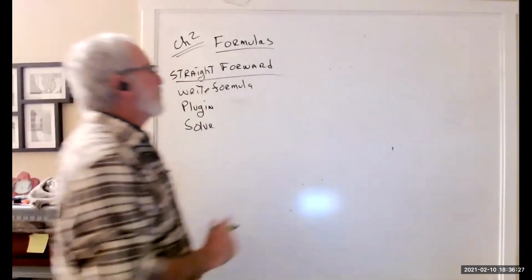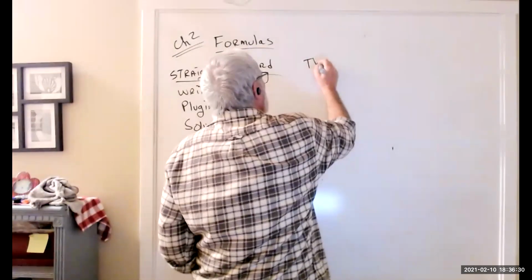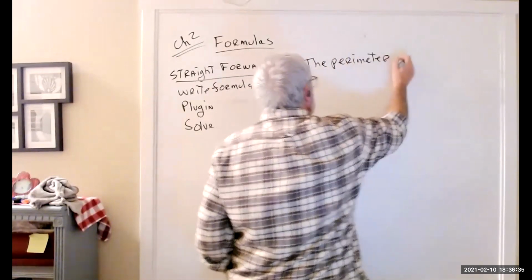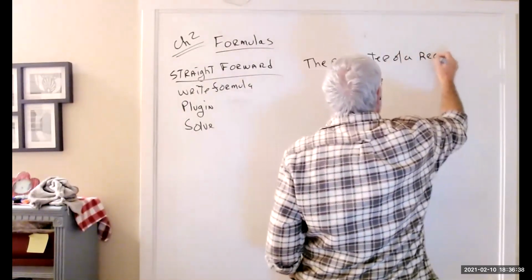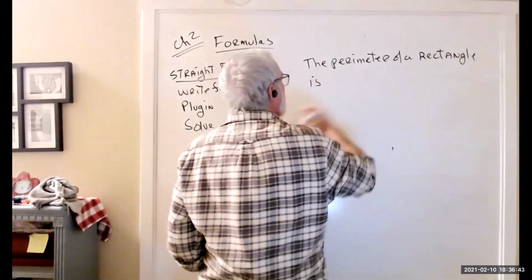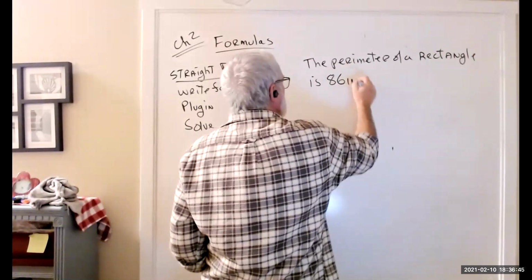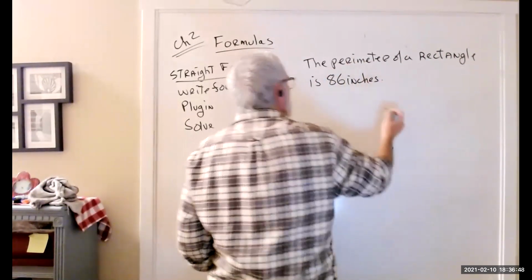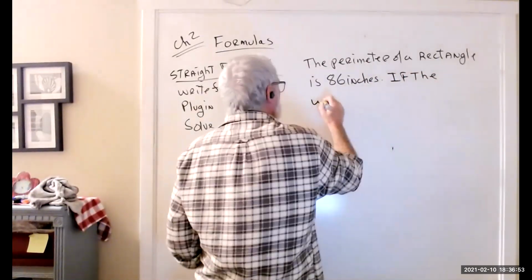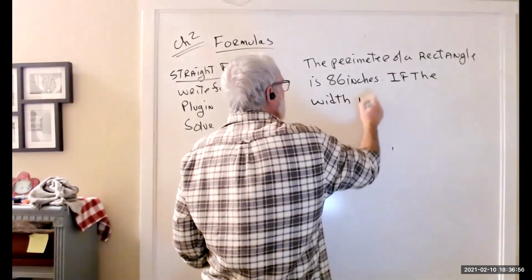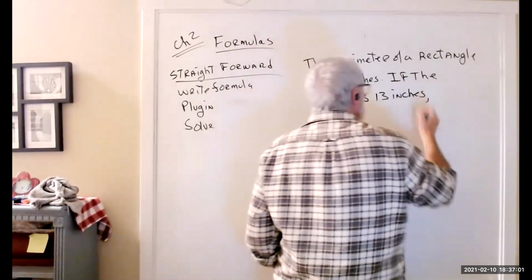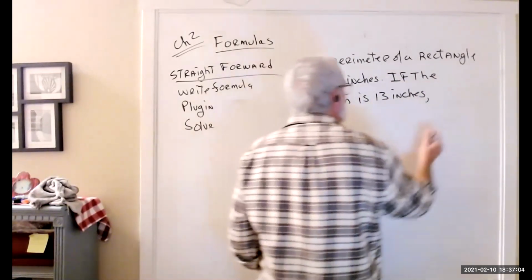So here's an example. The perimeter of a rectangle is 86 inches. If the width is 13 inches, I'm going to make this a two-part problem.